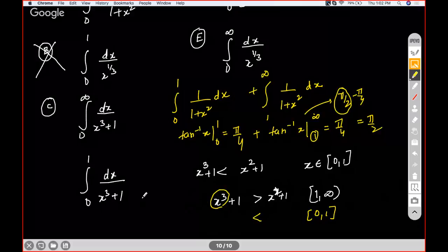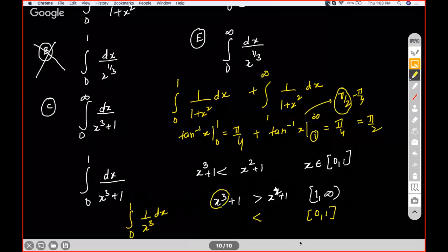Here we can apply, I think, the comparison test. In 0 to 1, 1 by x cube: what happens to this? It diverges, and 1 by x cube plus 1 is less than this. So does this converge or diverge? Check, 0 to 1, so it diverges. So I cannot comment; you can't use comparison.